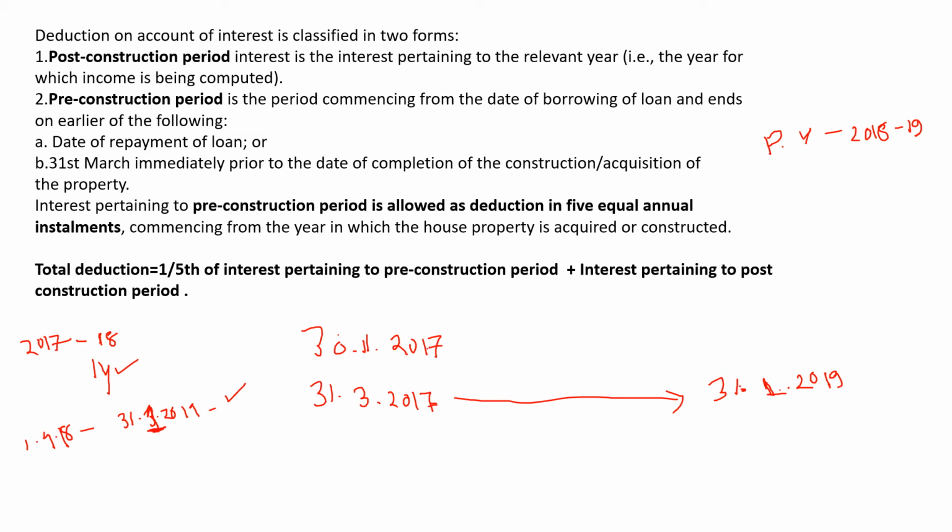So from 1st April 2018 to 31st January 2019, it will be 10 months. Yes, 1 year here and here 10 months. I require the post-construction period interest for the previous year 2018-19.